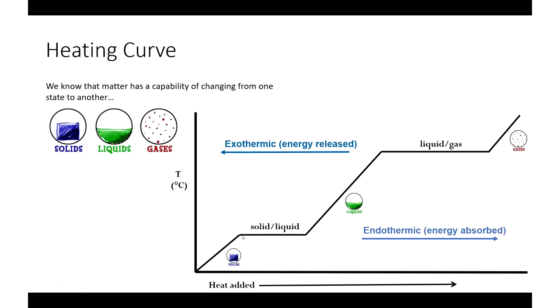What's happening at the other regions? Well, temperature is increasing, right? So temperature increases, and then it stays constant, and then it increases again, and it stays constant, and then it increases again. So we're actually going to come back to the heating curve later on in the year.